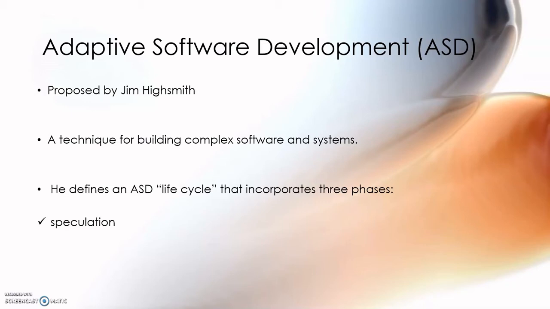Based on the information obtained at the completion of the first cycle, the plan is reviewed and adjusted so that planned work better fits the reality in which an ASD team is working.